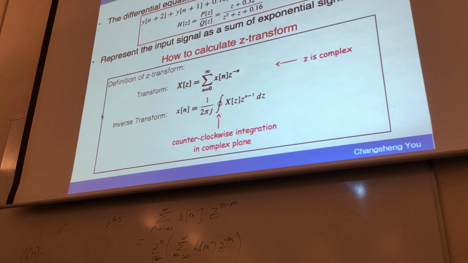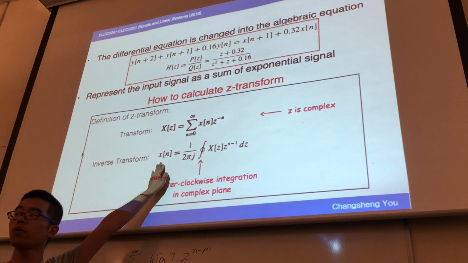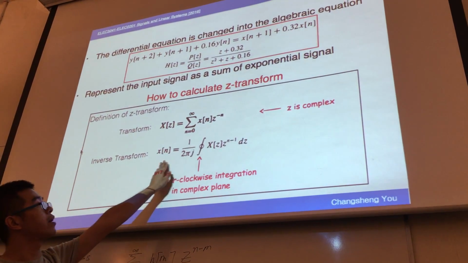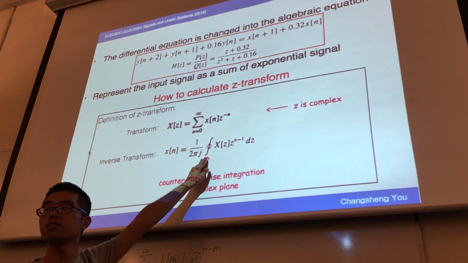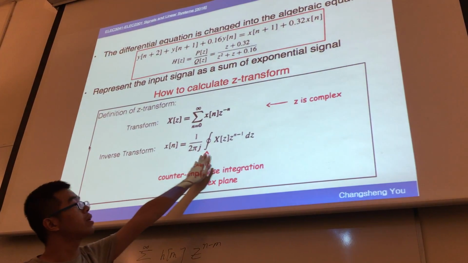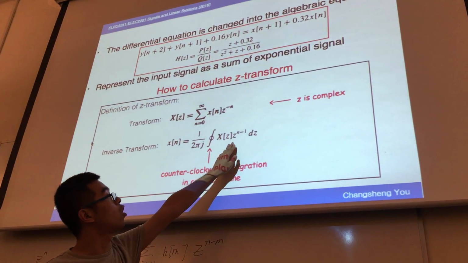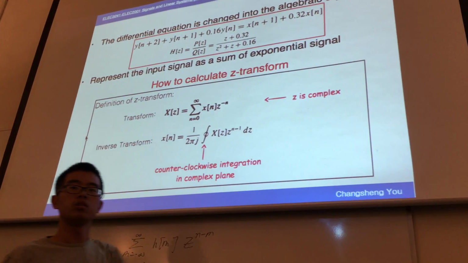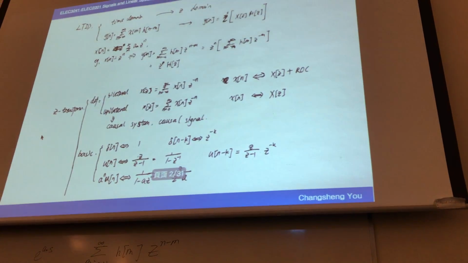In the inverse transform, the input signal can always be represented by exponential forms. You can see the integration like a summation here. So we can represent the original signal by a combination of exponential signals. That's the other reason why we introduce the Z transform in this topic.